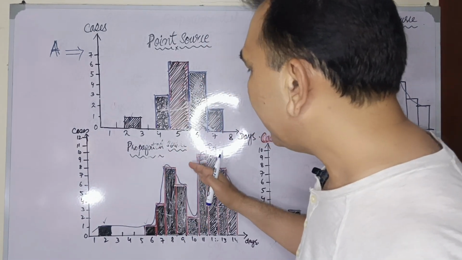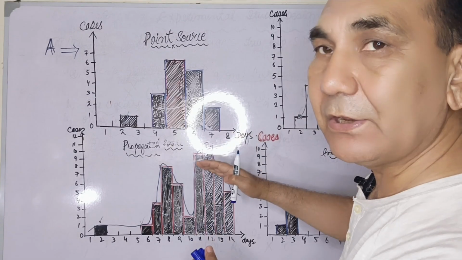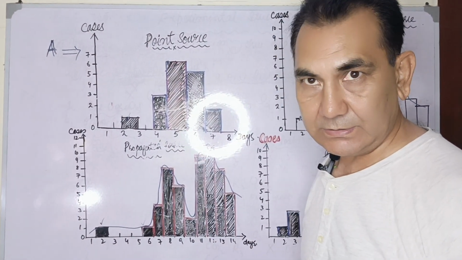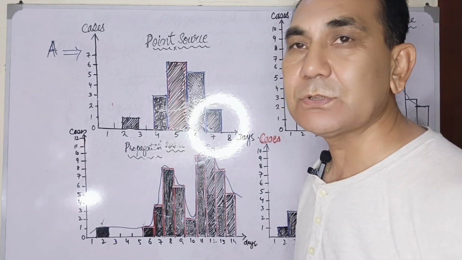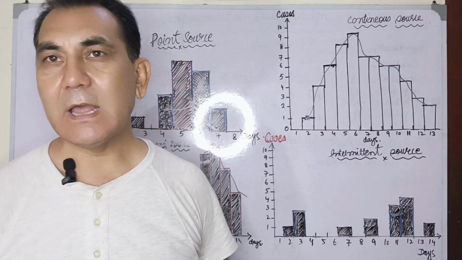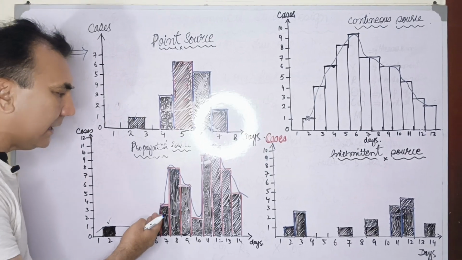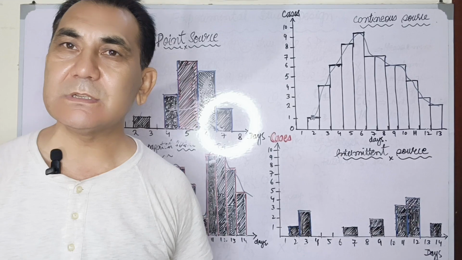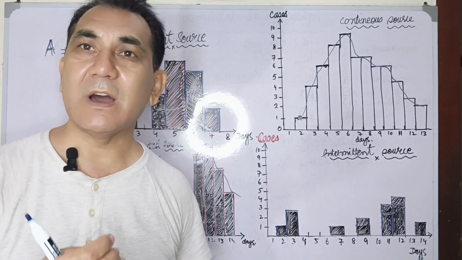So it spreads continuously and the number of cases gradually increases. So the propagated source is like COVID, or any infection which can be transmitted by direct contact.